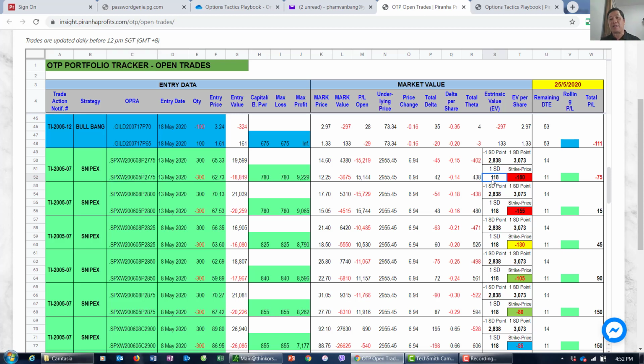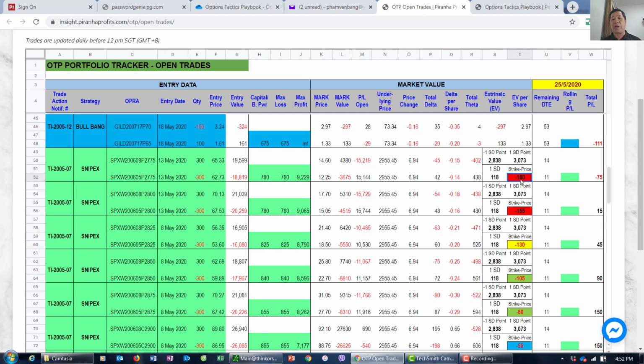Based on this one standard deviation indicator, I need to see whether my strike, the 2775 here, is too far away from the current market price as compared to the one standard deviation number, right? If it's too far outside the 1SD range, I have to close it because I have very little chance to make money from this trade.